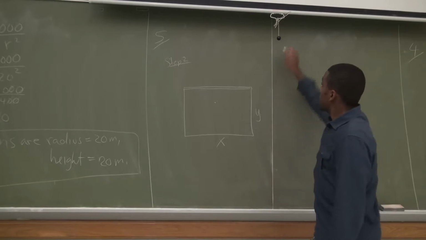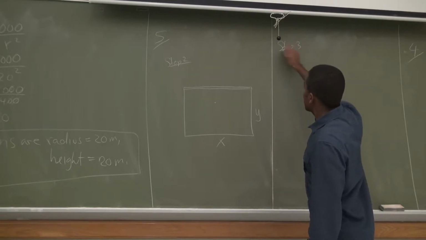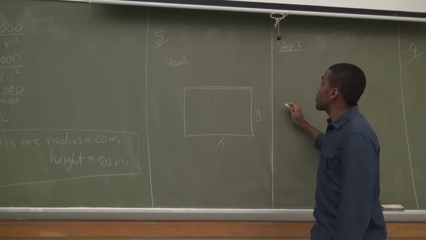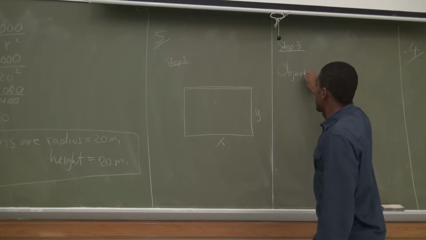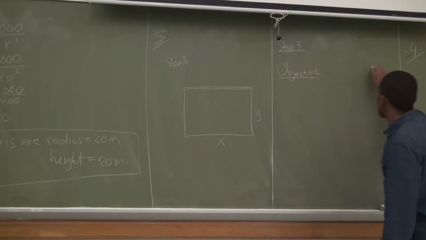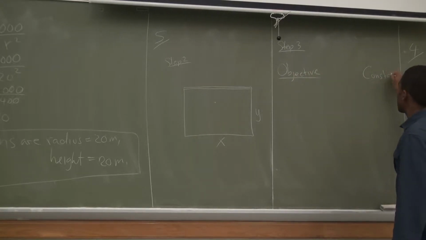So now, how do we get these equations? Objective, that's right, and the constraint. What's the objective?